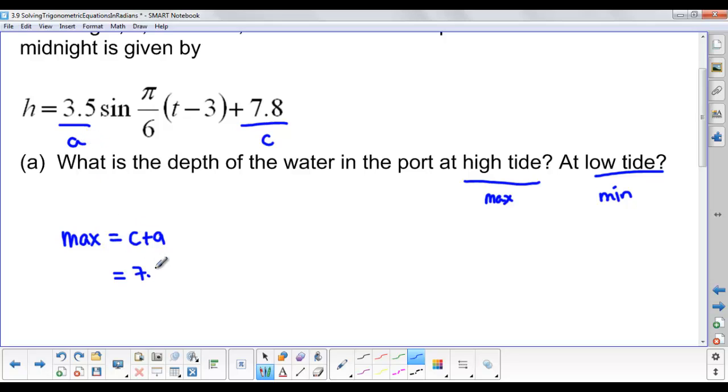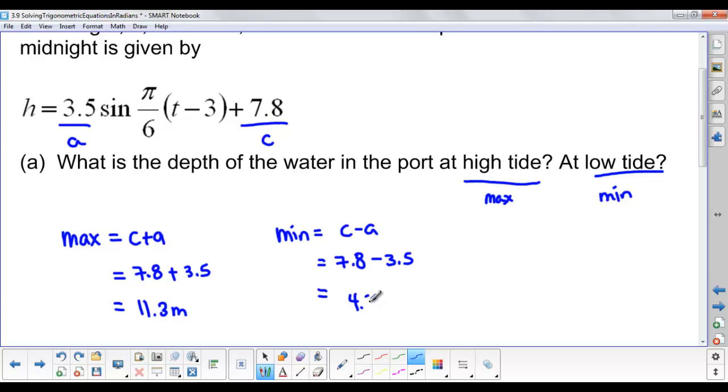So 7.8 + 3.5 gives us 11.3 meters. So at high tide, the water is at 11.3 meters, and at low tide, we calculate c − a, which is 4.3 meters.